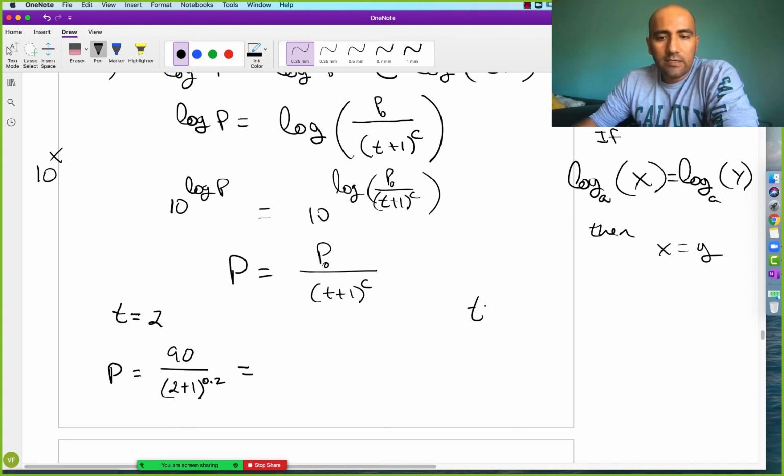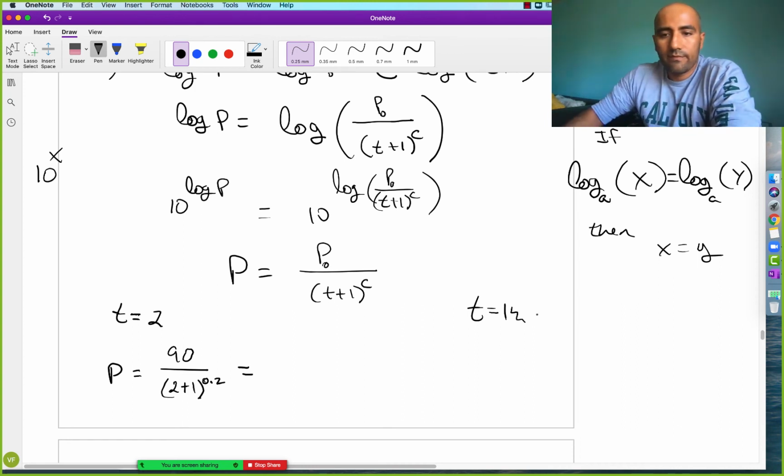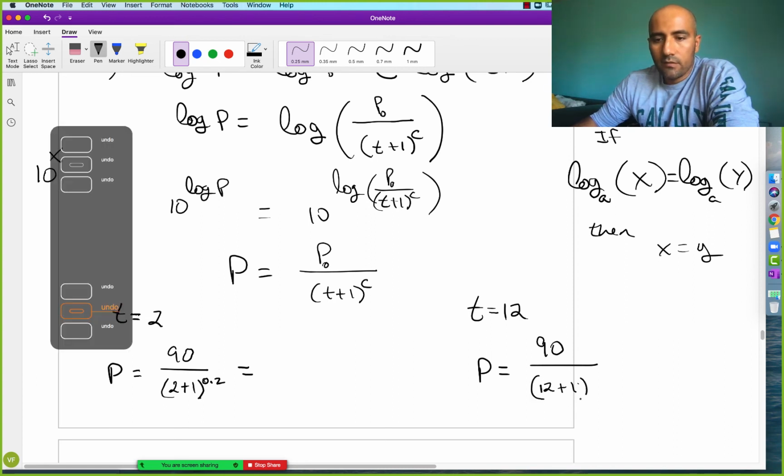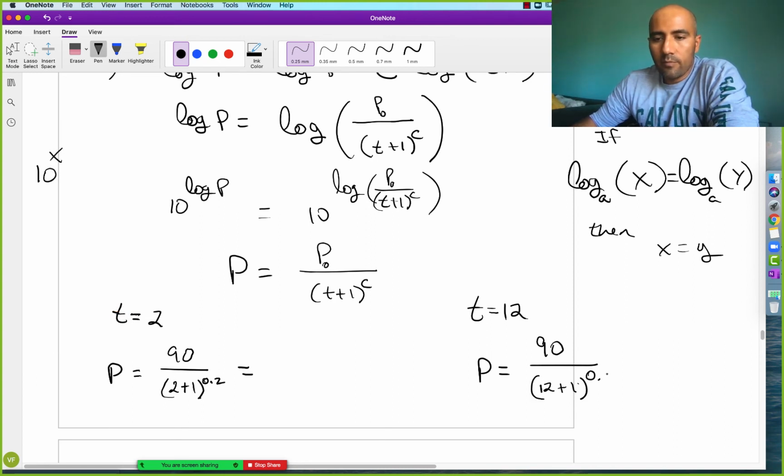And for t equals 12, p equals 90 divided by 12 plus 1 to the power of 0.2, and this will give me my answer.